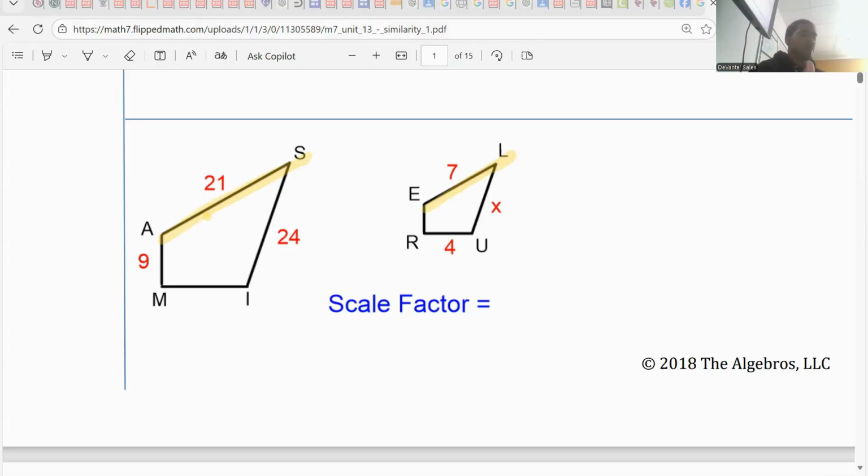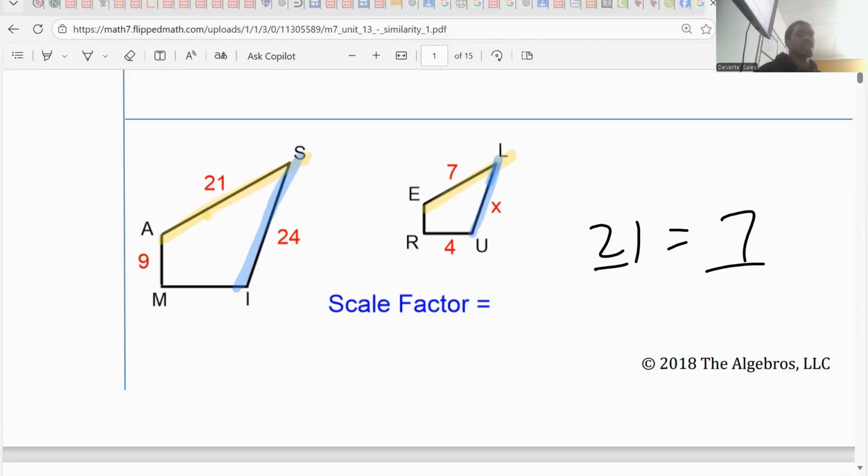So yes, you could set up a proportion. I could have done 21 equals 7, just based off of these two. Now, there are a couple of other ones I see on here. I'm going to use a different color for this one. I see that I have 24, which is SI. SI is similar to what? LU.